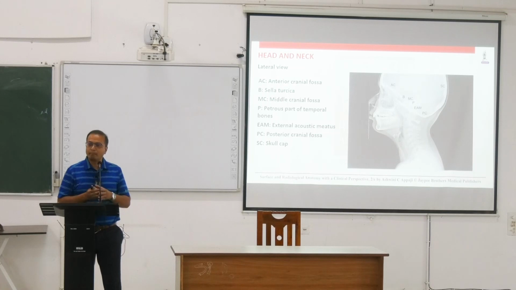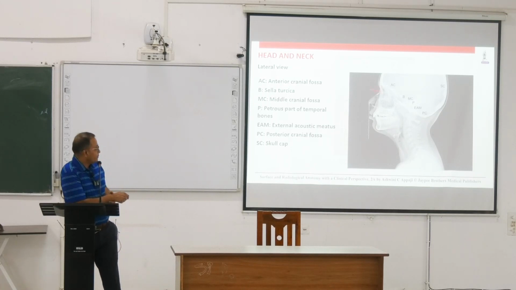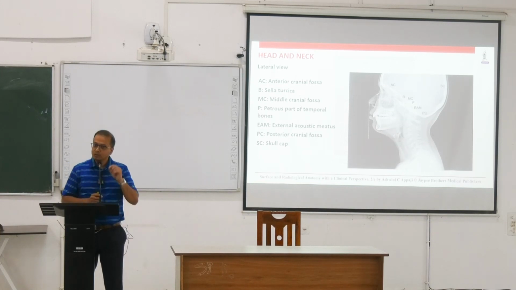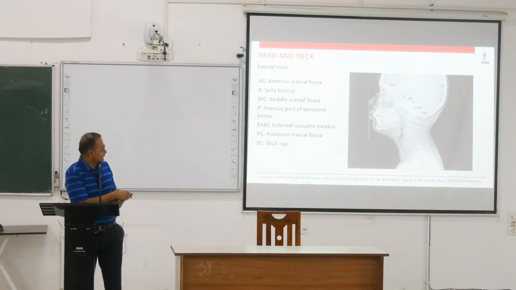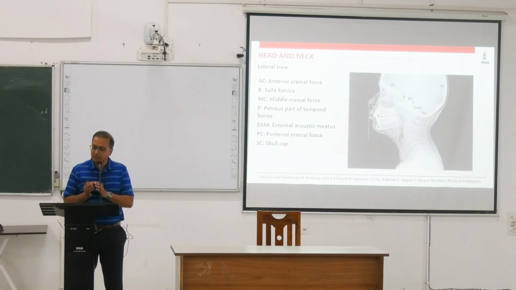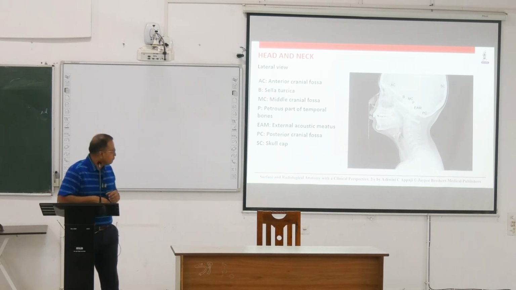So we have this marrow expansion, and the diploic space lying between the outer table and inner table of the skull, this narrow region, may have expanded, and that needs to be understood whenever you are seeing them.